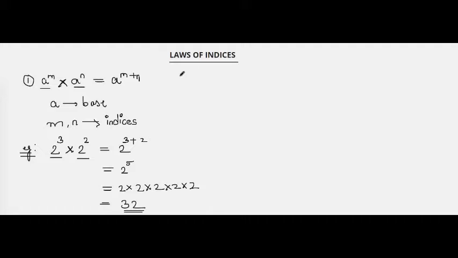Let us take one more example. I will be taking negative powers here. So 3 raised to negative 2 times 3 raised to negative 1. In this case, I have to again check whether the bases are same or not. Yes, the bases are same, that is 3. So I am just going to add the powers.